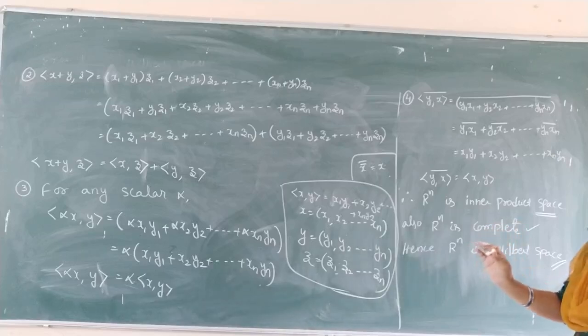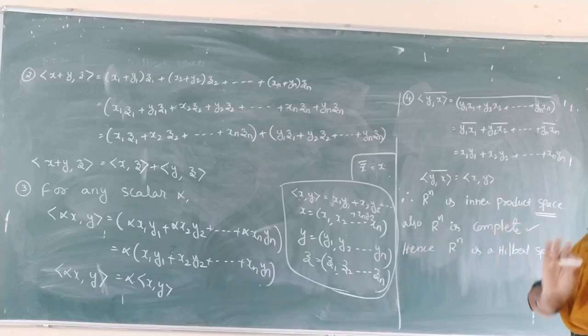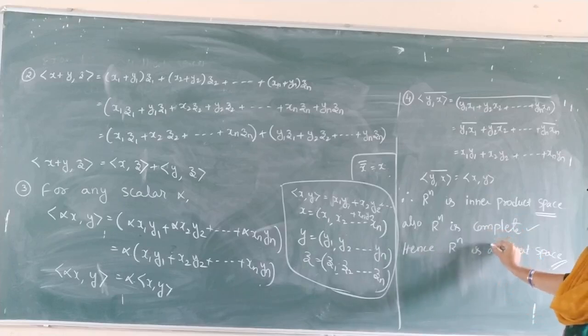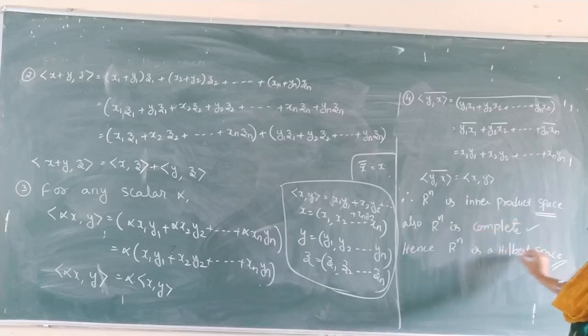That proof also you have to write in the exam if the question comes for a long answer. For a short answer the completeness proof is not necessary. For a long answer, the completeness proof also you have to write. So from unit 1, the first example of normed space is this one only. From that you will collect the proof and write it in place of completeness.